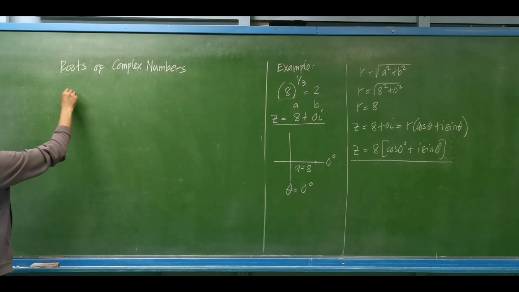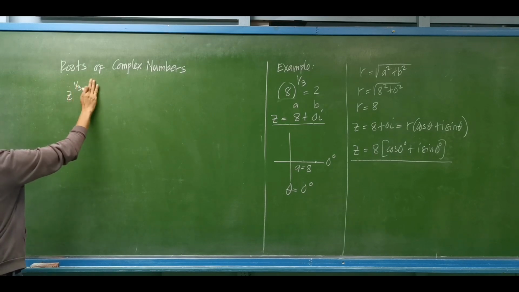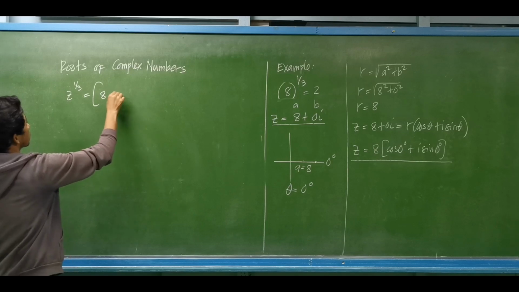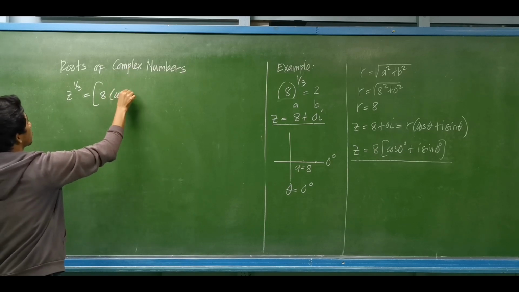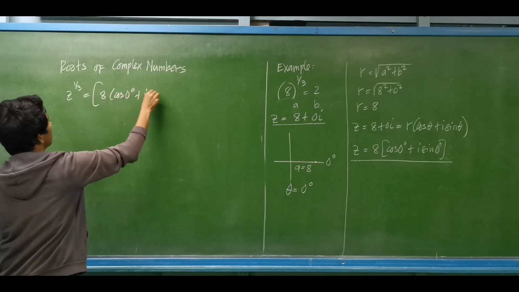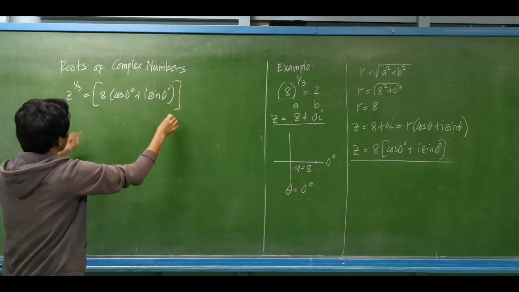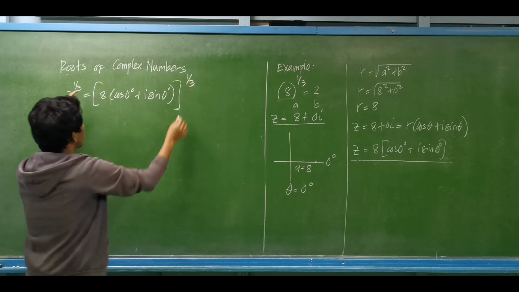We have z raised to 1 over 3, which is equal to 8 multiplied by cosine of 0 degrees plus i sine of 0 degrees, all raised to 1 over 3, the cube root.